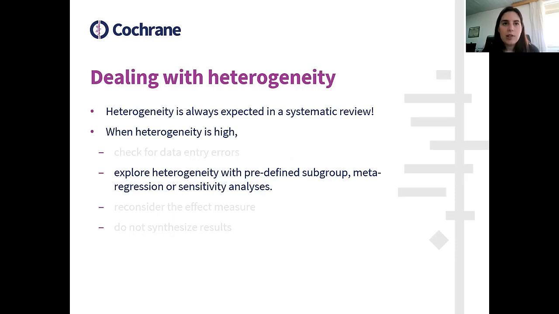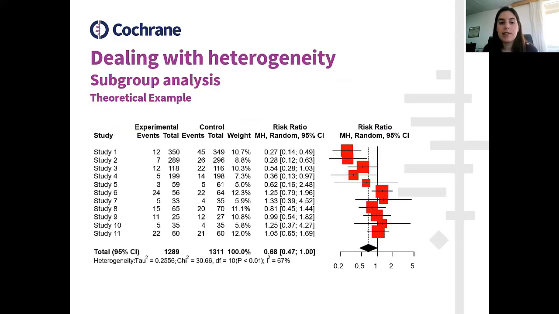Another interesting option is to explore heterogeneity using predefined subgroup analysis, meta-regression or sensitivity analysis. All these are methods to explore the reasons for heterogeneity in our analysis. Let's see an example of a subgroup analysis using this theoretical example.